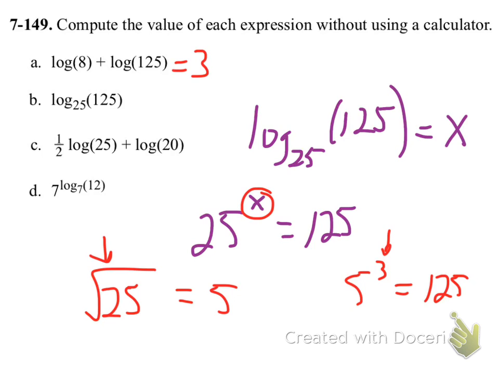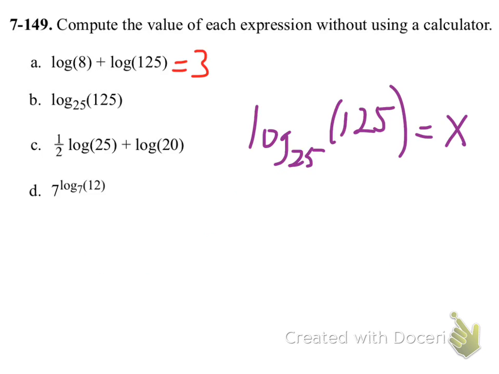That exponent then is 3 over 2. Because again, with fractional exponents, the denominator is the root you're taking, the numerator is the exponent. So what that all means here, one last time, is 25 to the 3 over 2 is going to equal 125. So my answer here is 3 over 2.